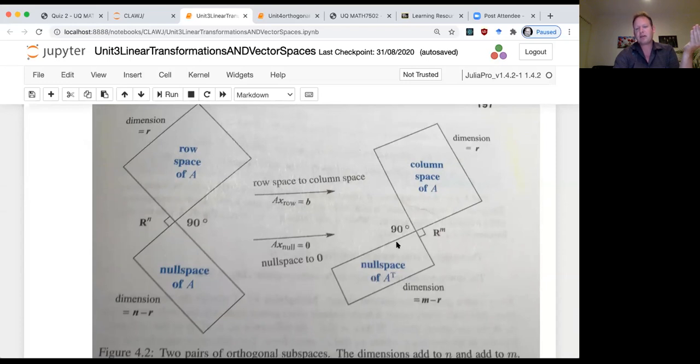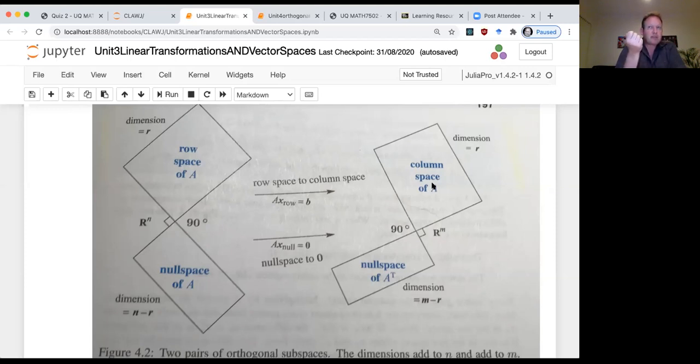Now, it turns out that these two subspaces are actually orthogonal. We still didn't, in this unit, speak of orthogonal, but you already know what that is. So that means that every vector here is orthogonal to every vector there. That's just 90 degrees, okay? Now, what's the dimension of a vector space?